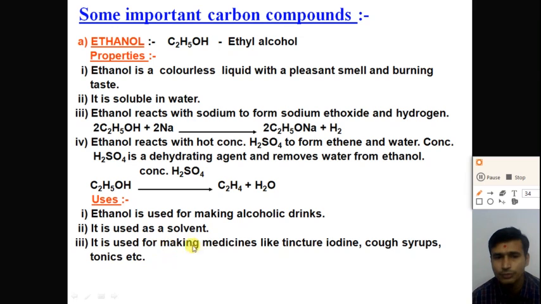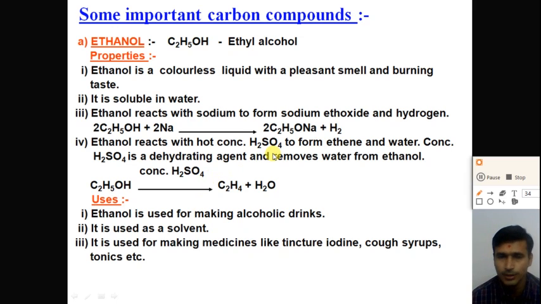It is used for making medicines like tincture of iodine, cough syrup, and tonic. In these medicines ethanol is used. So these are the uses of ethanol, right?